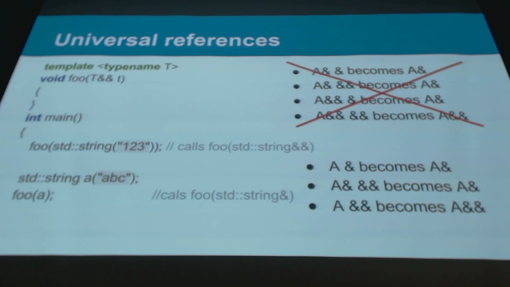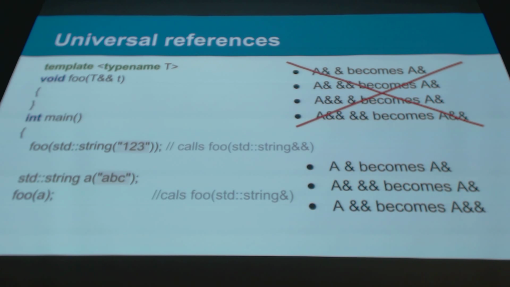What is going on is that if I have a template that takes something by normal reference, then the type will always be just a single type. It will never be a reference. So it will always become a normal reference, because it's always a single type. It doesn't matter if I pass an Rvalue or an Lvalue to a normal template.